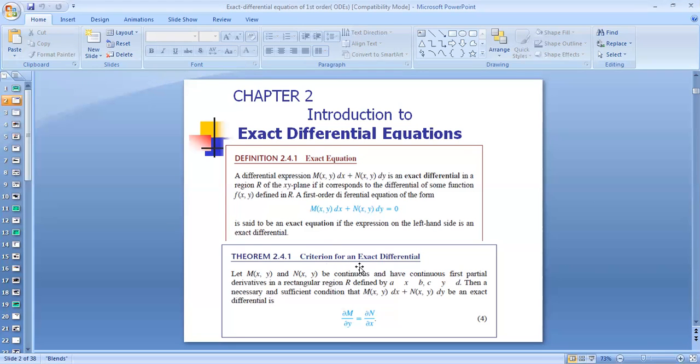This is actually the main criterion for the exact differential equation: del M del y equals del N del x. Partial differentiation of M with respect to y equals partial differentiation of N with respect to x. If this is equal, then this differential equation is said to be an exact differential equation.